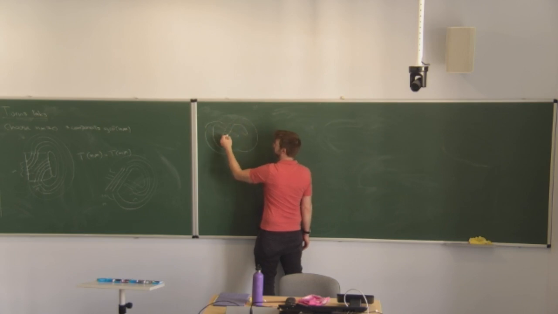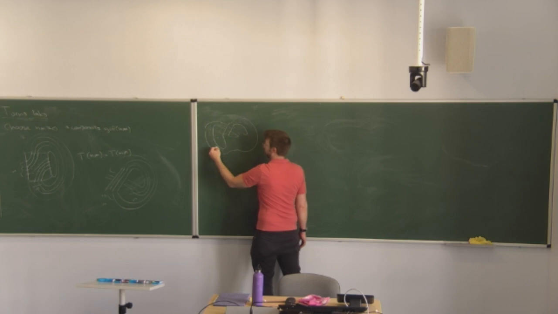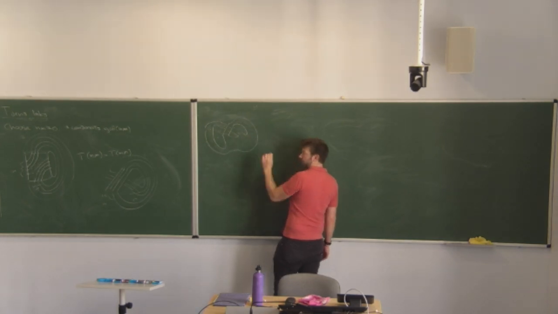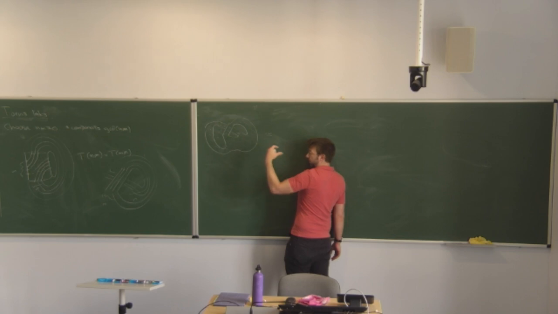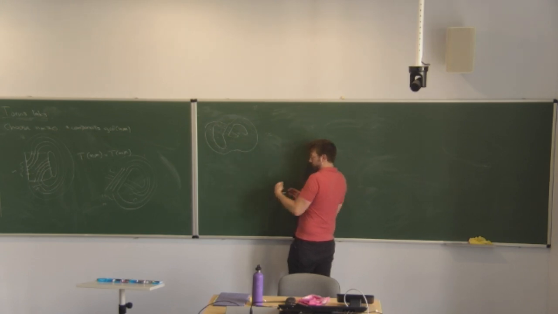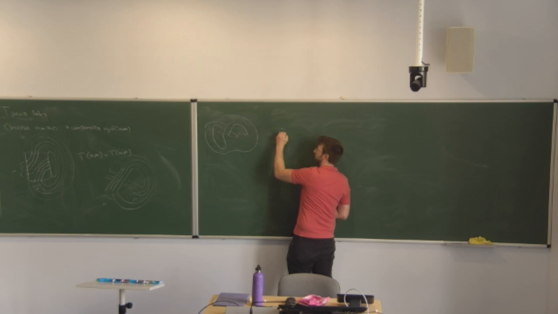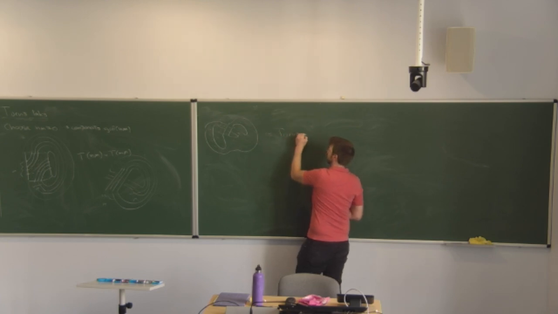What I've drawn here is a surface embedded in R3. It may not be entirely clear, but in fact this is homeomorphic to the standard torus, just the standard unknotted donut sitting in R3, minus a disk.